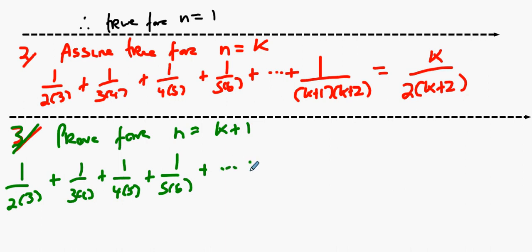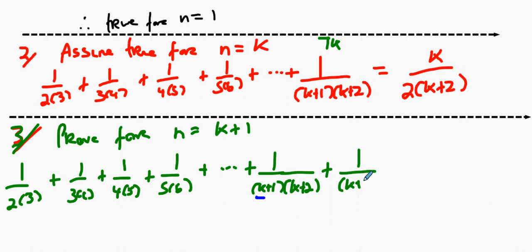So, can everybody tell me what one this one is? Everybody happy that's Tk? The k term. Now, to get k plus 1, what you need to do? Anywhere you see k, replace it with k plus 1. So what happens when you replace k with k plus 1? You get k plus 2, and then when you replace it here, you get k plus 3.